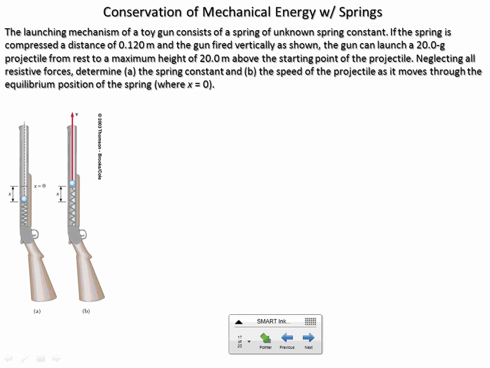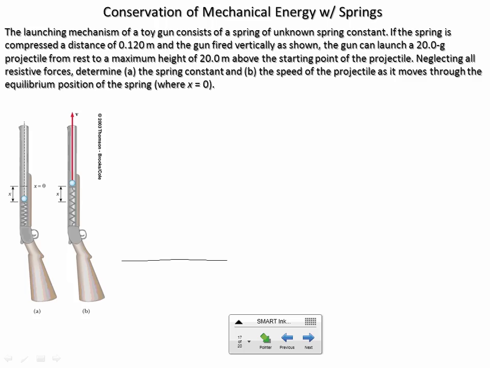Onward. A good, tough conservation of mechanical energy with springs problem. Okay? Read all you want. What I'll tell you is that there are 3 places or 3 instances that you really want to be, well, that may or may not be included in our analysis.